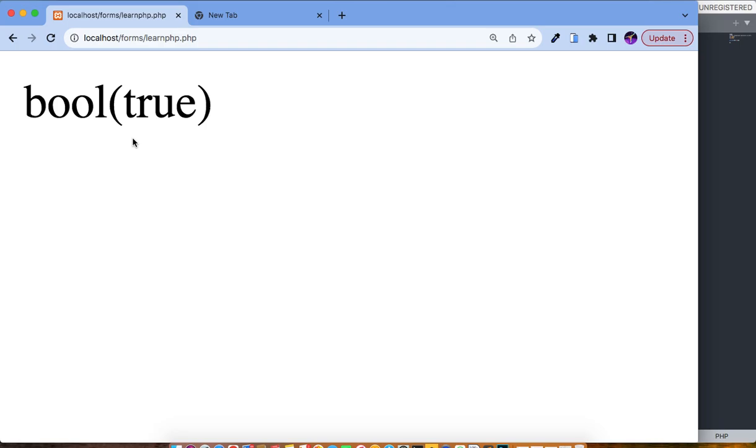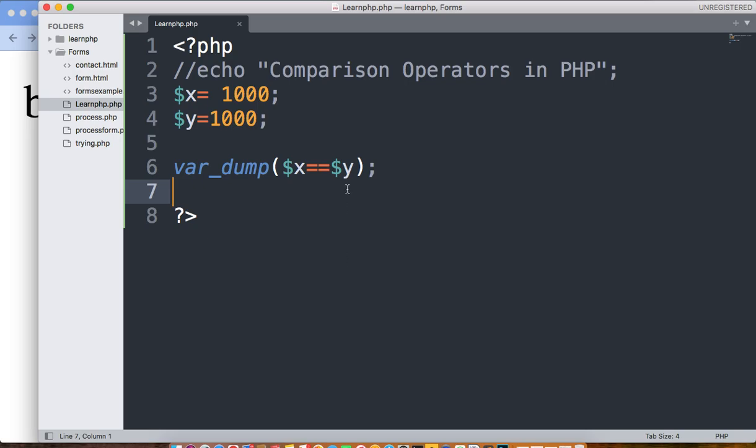Now the next operator we're going to look at is the identical operator. The first one was equal, if x is equal to y. Our next operator is identical.